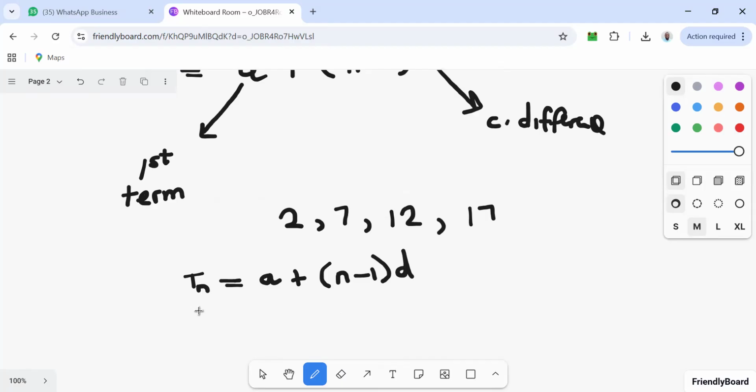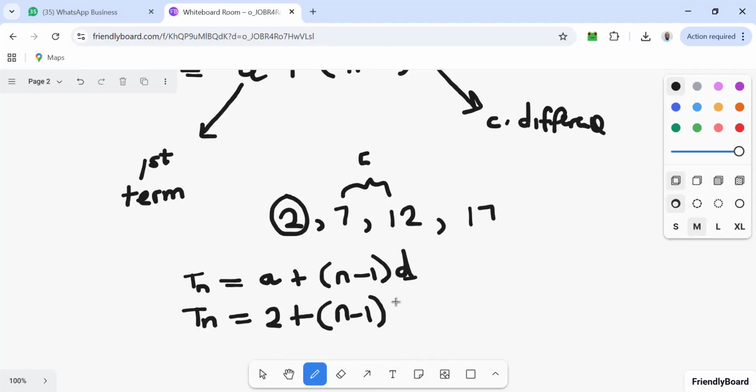So I'm now going to substitute the values into this form. My A happens to be 2, as you can see, 2 is my first term. So I'm going to write 2 here, plus n minus 1. Then what is my constant difference? Remember, it's 5, isn't it? Then I'm going to put 5 right there.